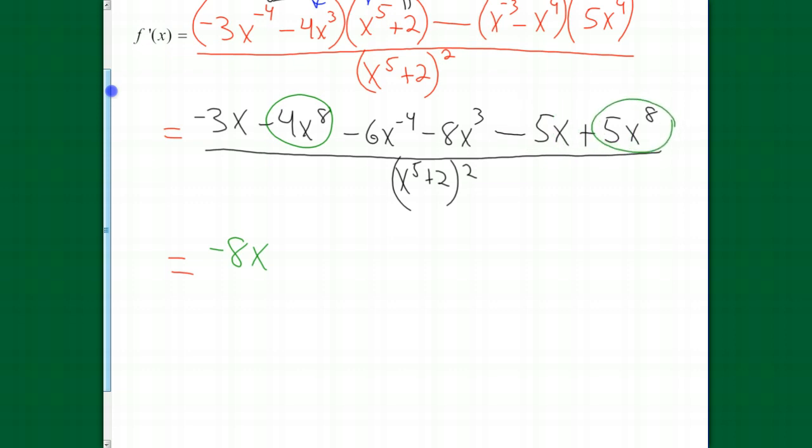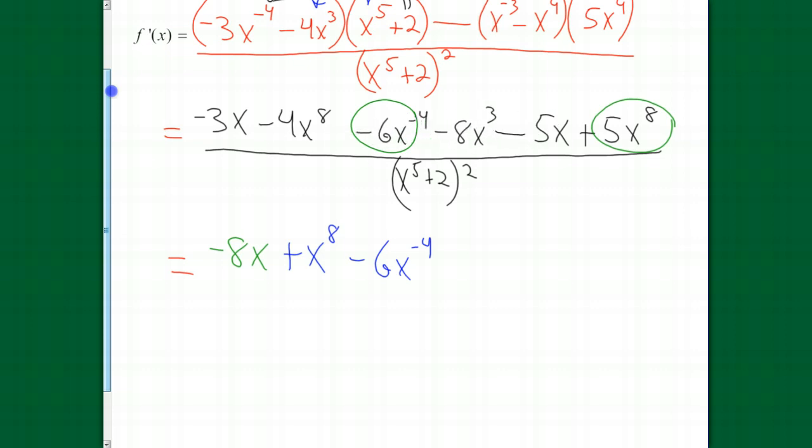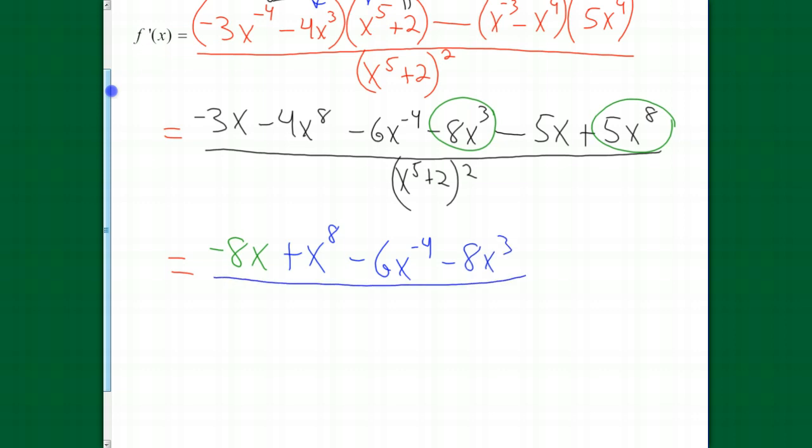So negative 4x to the eighth, adding 5x to the eighth, gives us a positive 1x to the eighth power. Then we've got the x to the negative fourth, and that's the only one of those, so minus 6x to the negative fourth. And we also have an x cubed term, so we have a minus 8x cubed over our denominator.